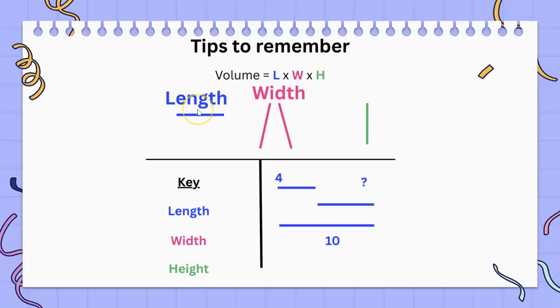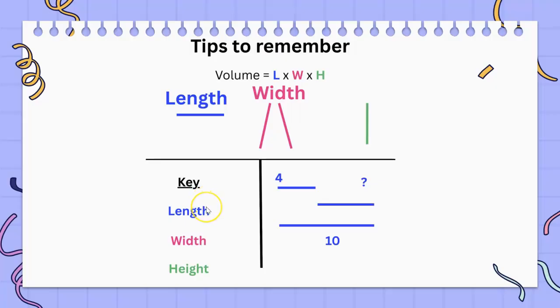Okay. Now, keep in mind, the words don't matter, but what matters is that you must have one of each color for your expression. You must have one horizontal line, you must have one value that is going diagonal, and you have to have one value that is going vertical.